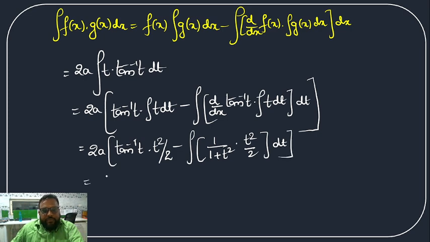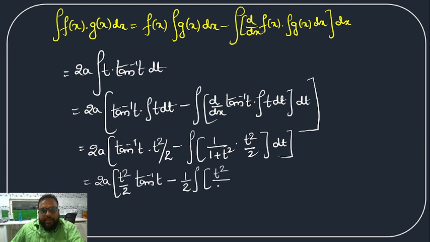So the next step will be 2a into t square by 2 tan inverse t, okay, minus, here I will bring 1 by 2 outside. So 1 by 2 integration of t square by 1 plus t square dt.